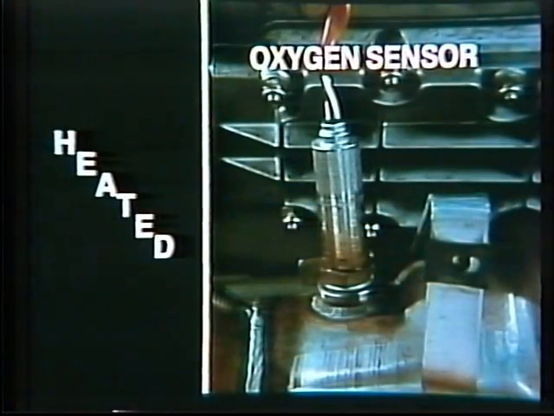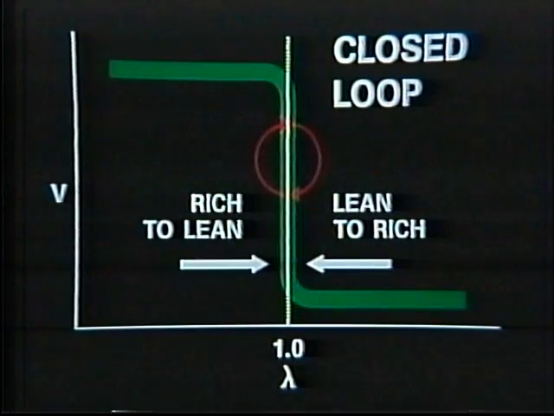In some cars, the oxygen sensor is heated electrically, powered from the fuel pump relay circuit. Getting hot sooner improves drivability and reduces emissions. As you recall, this sensor samples the oxygen content in the exhaust. When it's hot, the system operates closed loop. The sensor generates about 1 volt when the mixture is rich and should be changed toward lean.